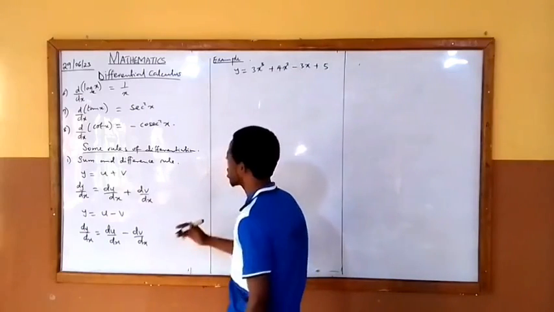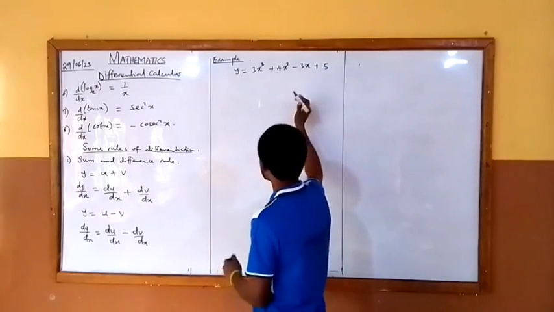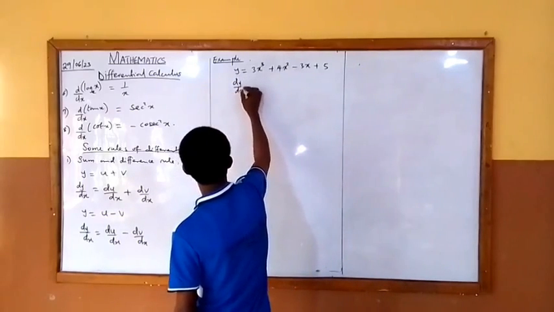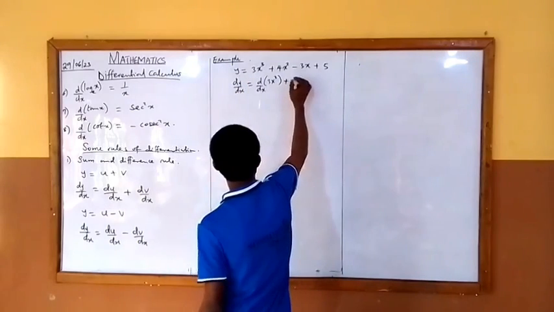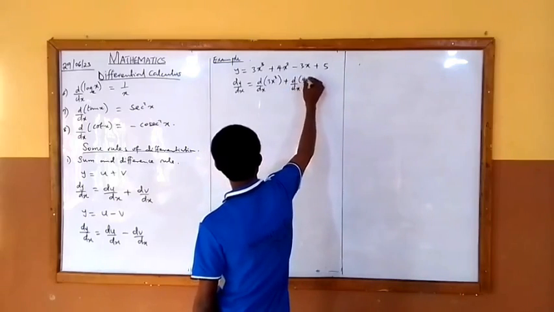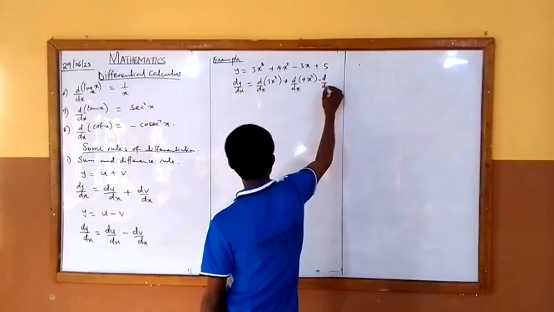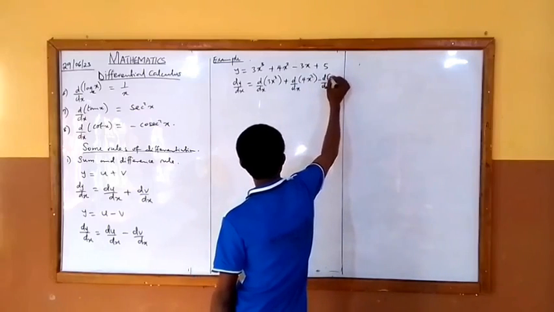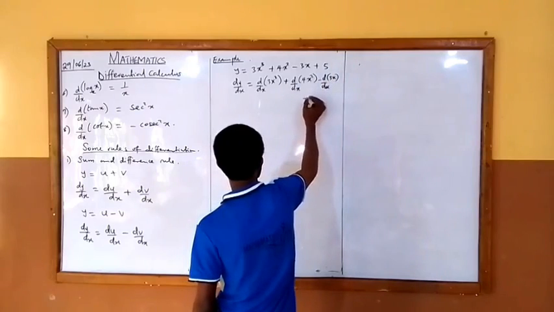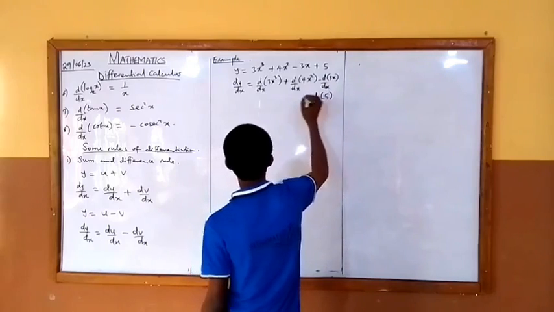So when we differentiate term by term here, then we add and subtract. So derivative dy/dx here will give us d/dx of 3x cubed plus d/dx of 4x squared minus d/dx of 3x, then plus d/dx of 5.